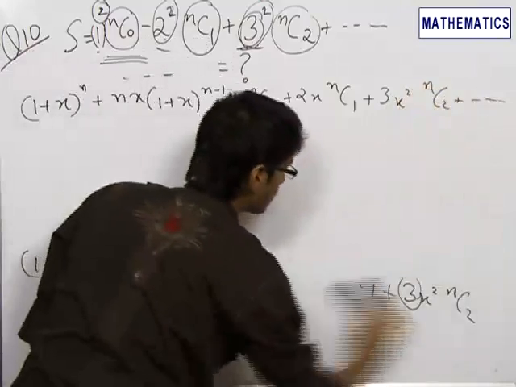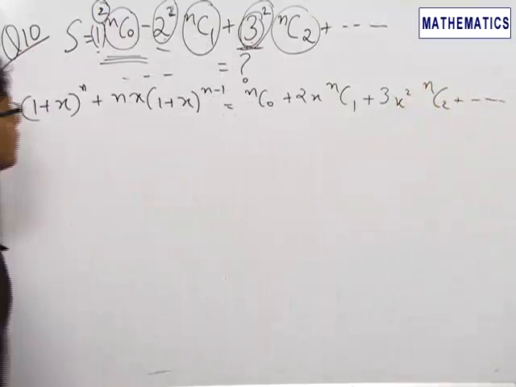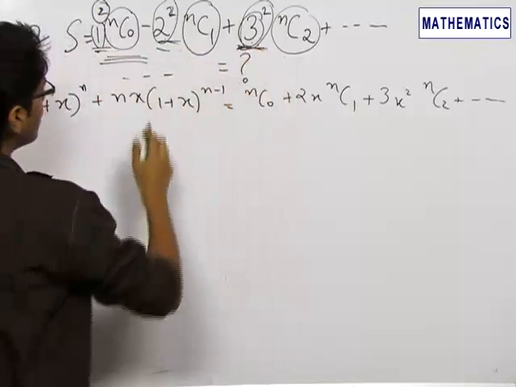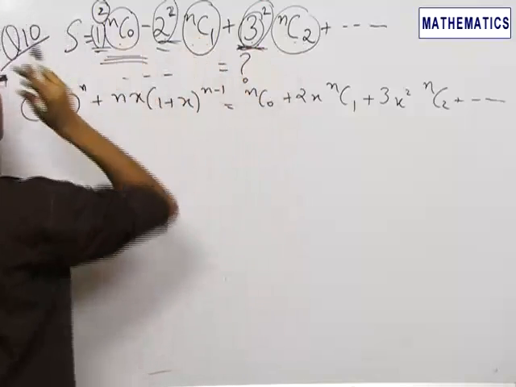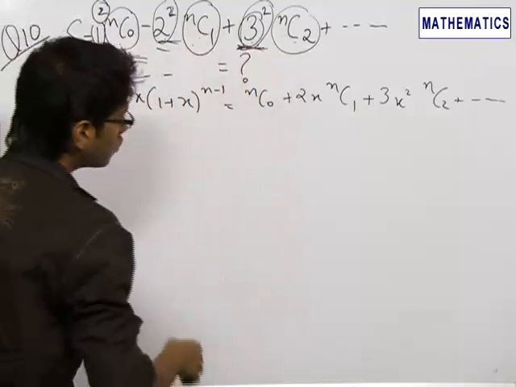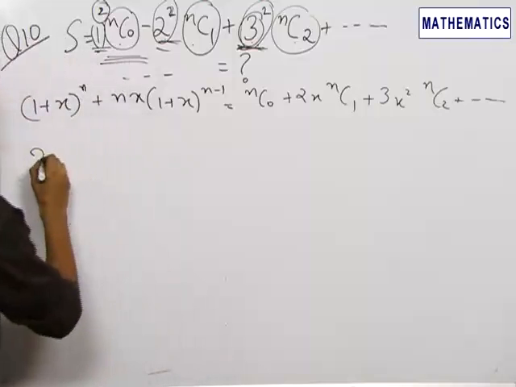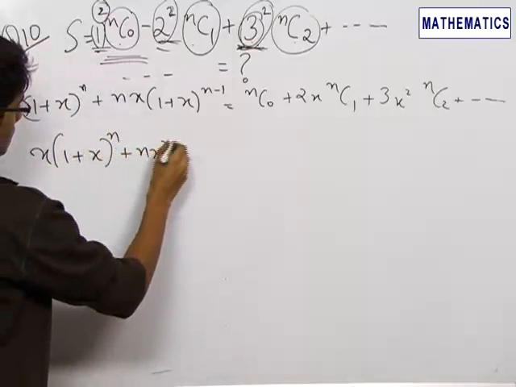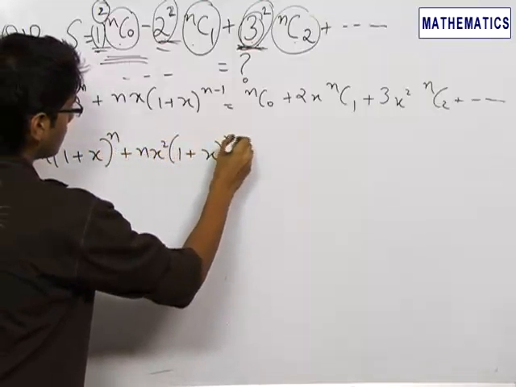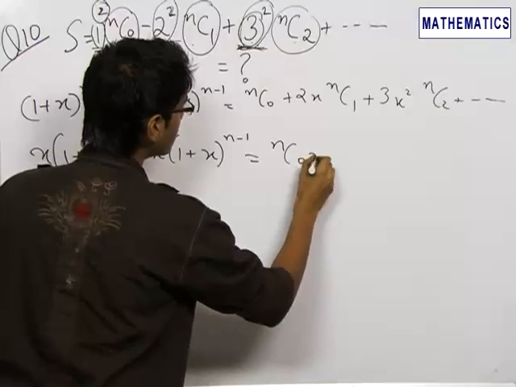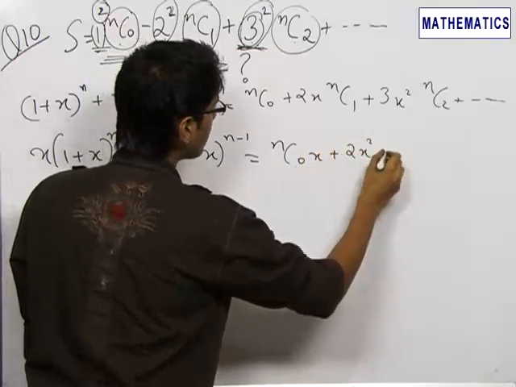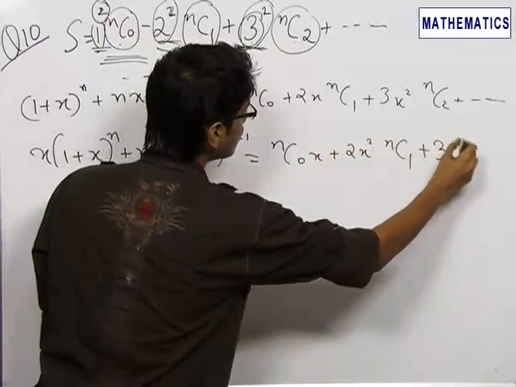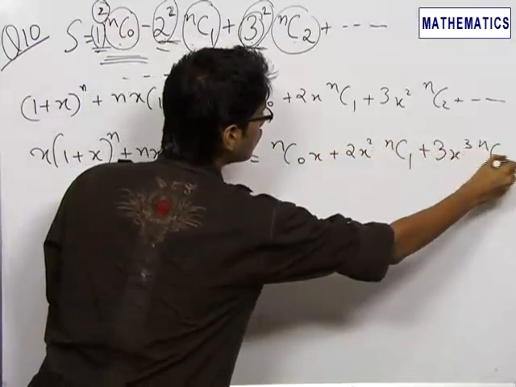Now in our original expression, we had one more 3, one more 2 and one more 1 in front of nC2, nC1 and nC0 respectively. So we can again multiply both the sides by x to get nC0 into x plus 2x square times nC1 plus 3x cube times nC2.